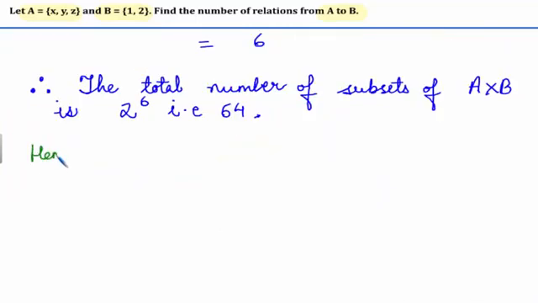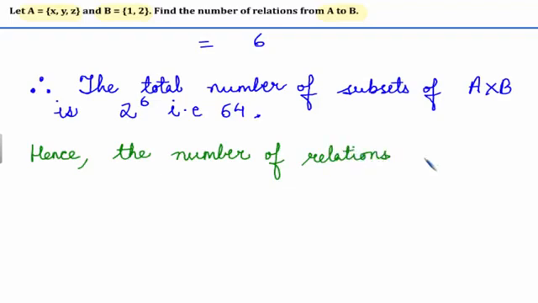Hence, the number of relations from set A to set B is 64. So with this we come to the end of the solution of this question.